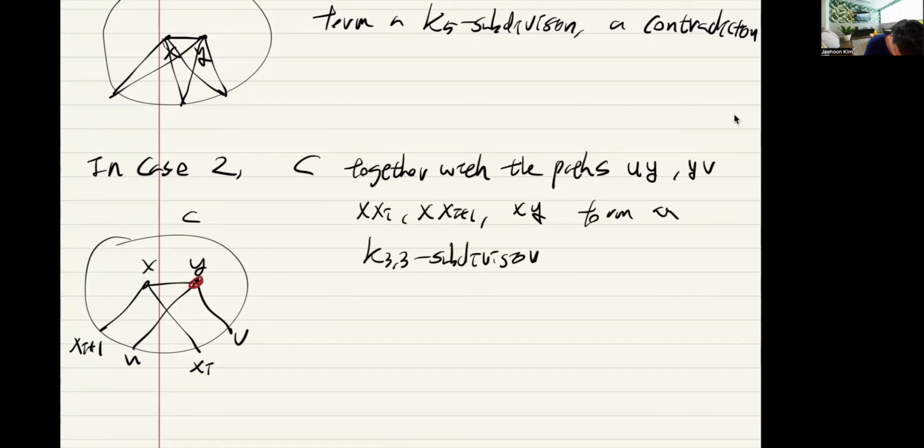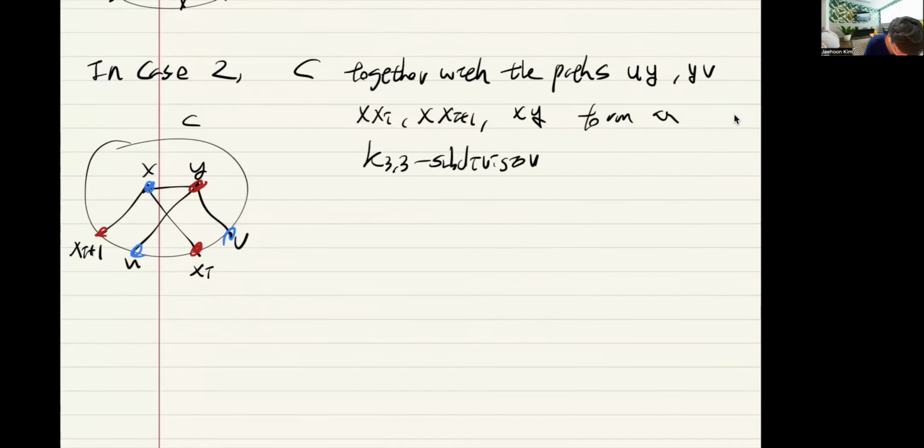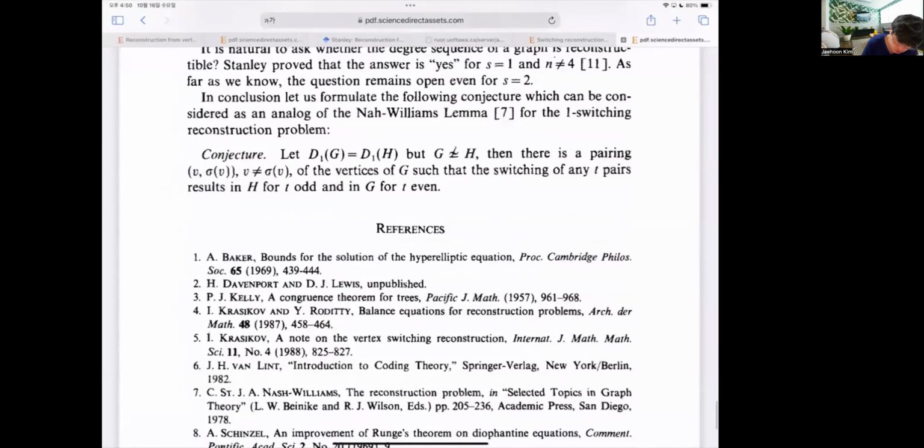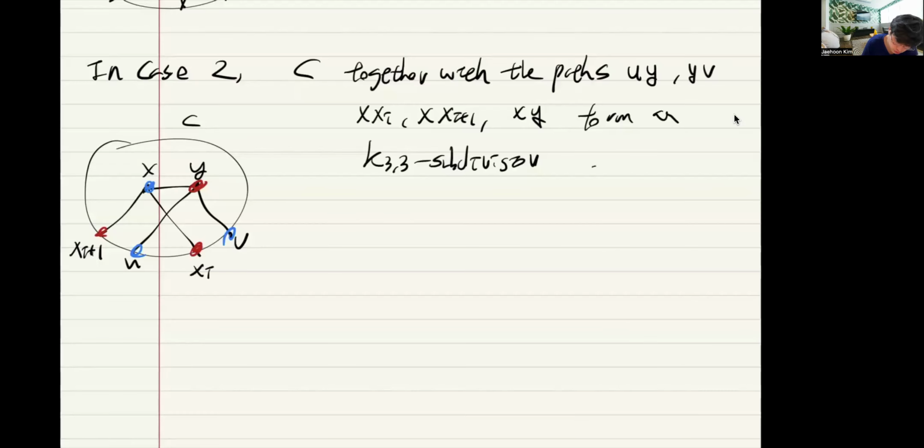So you can put these three on one part and these three on the other part, and then there are distance 3 paths to the red one, distance 3 paths to the red one, distance 3 paths to the red one. So this is a K33 subdivision. This is a contradiction.